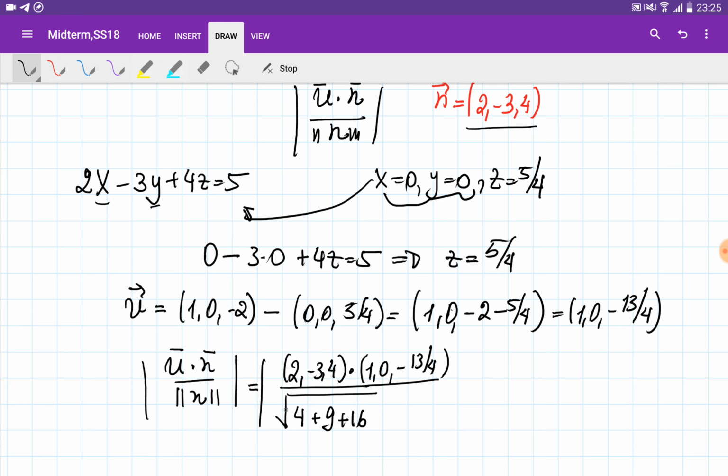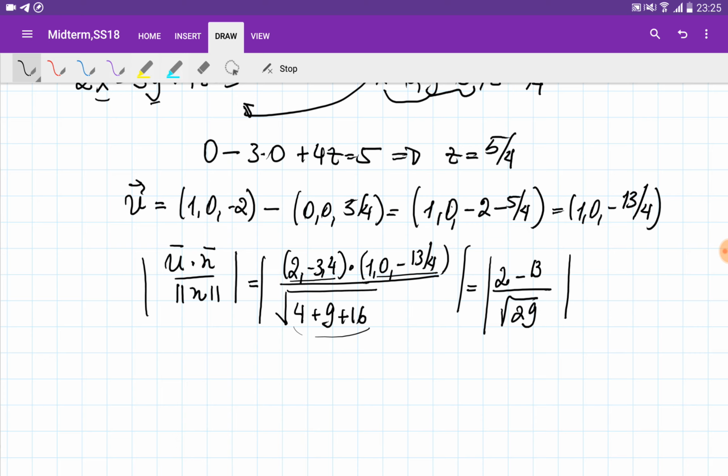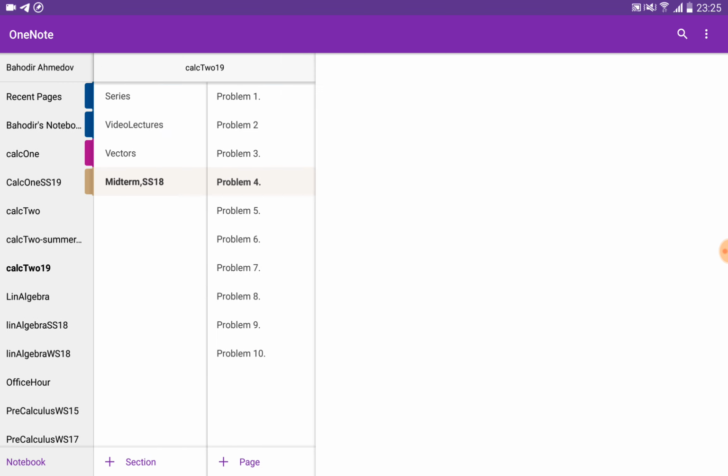So if I simplify this, it's going to be square root of 29, right? If I multiply this vector to this one as a dot product, it's going to be t minus 13, right? And I need to take its absolute value, and this is going to be equal to 11 over square root of 29, because please note that the distance cannot be negative, so that is why we need to always take its absolute value.